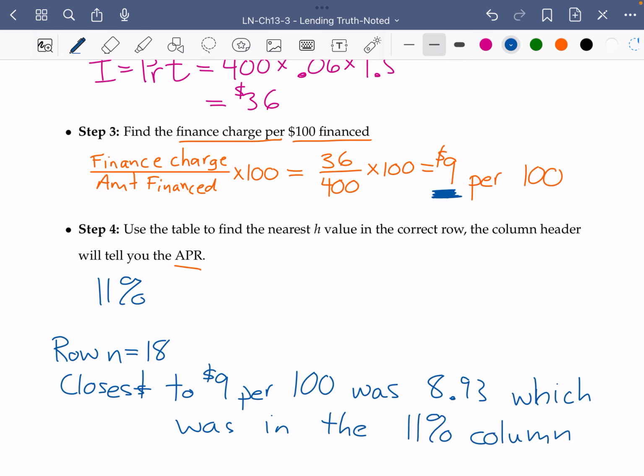You don't have to write all of this, but as you are thinking about the process, how did we come up with that 11%? We looked in row N equals 18, since we were paying this off over 18 months, and we found the value in the body of that table that was closest to that $9, and then we traced that back up to find the APR.